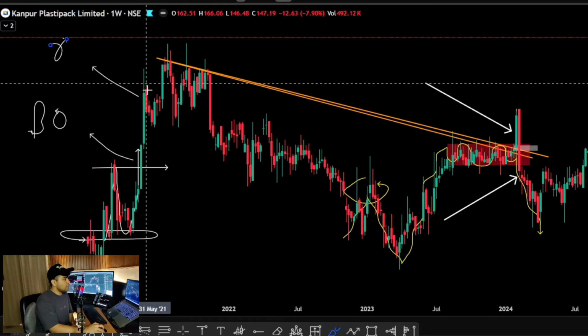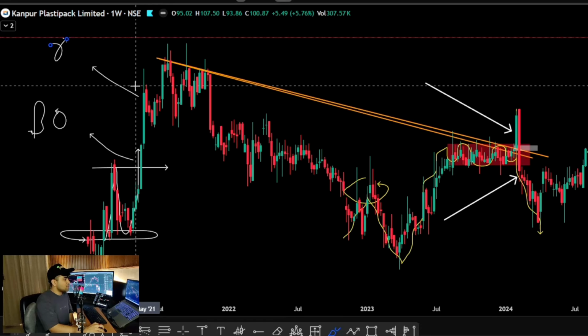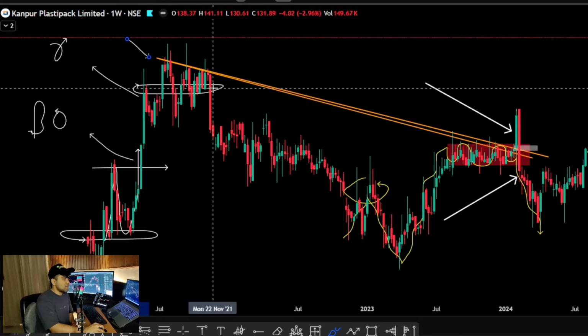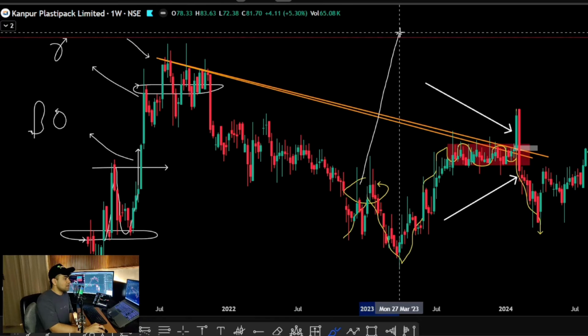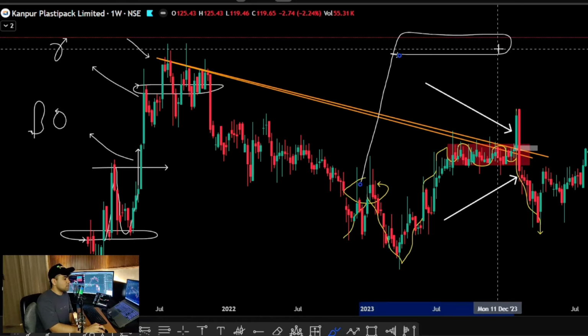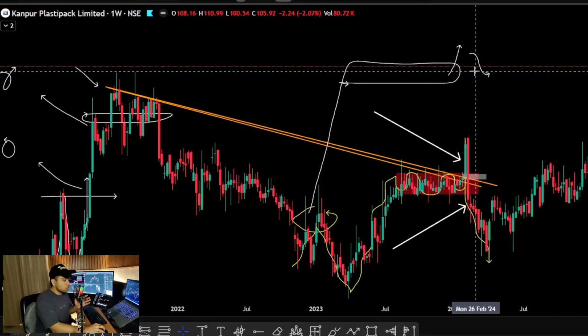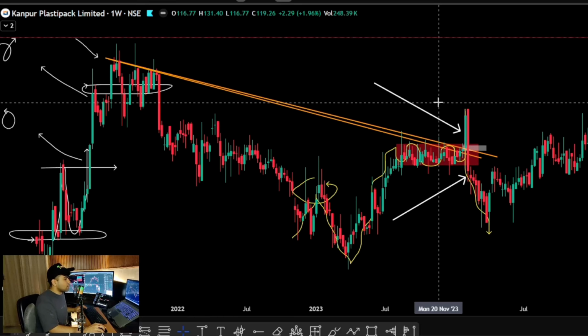After the rally sustained, you can see that this whole breakout at the top failed yet again, because it's a one side rally and then a sideways movement. Whenever the breakout comes, it is going to be a failure for all of you. So do not go with these type of breakouts.